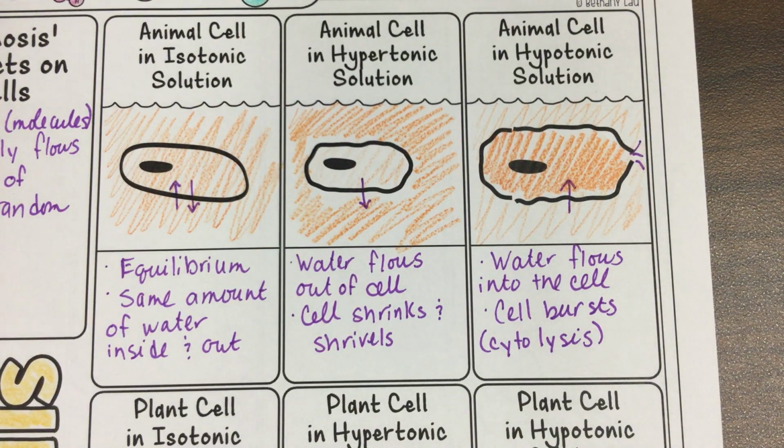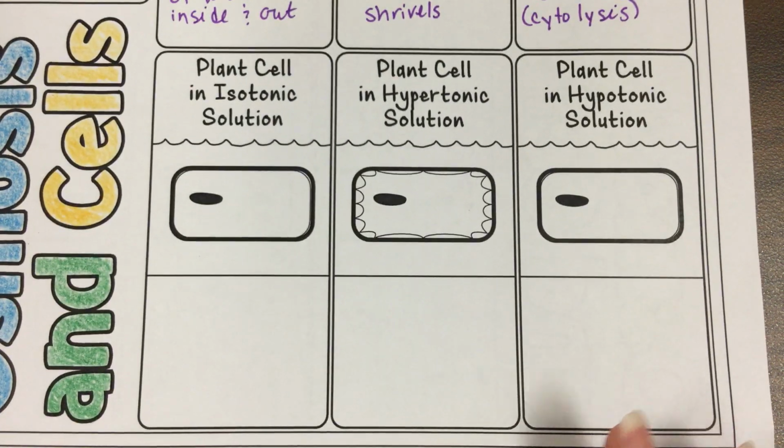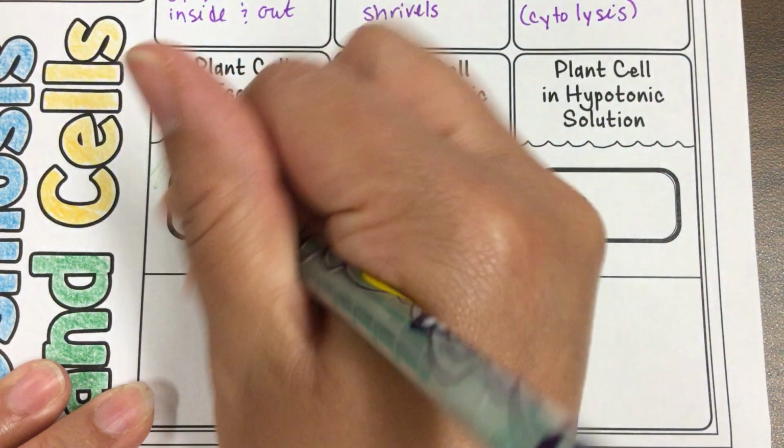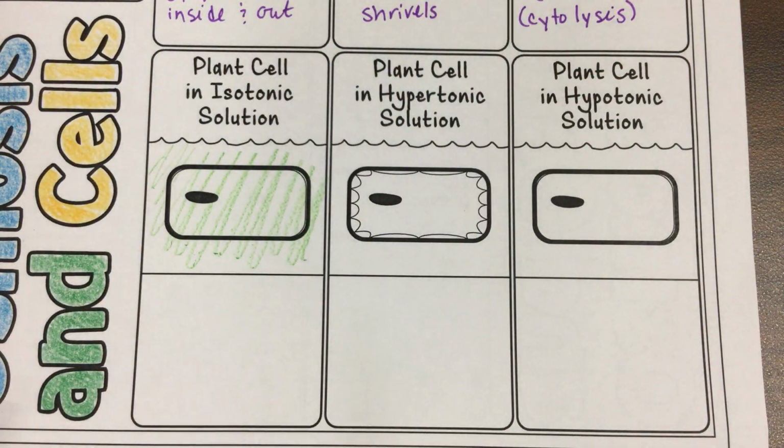What happens in a plant cell? Because plant cells have a cell wall. So if I'm looking at a plant cell in isotonic solution, it's the same thing as my animal cell. Water's going to be moving in and out.